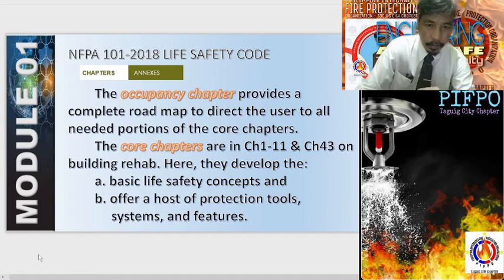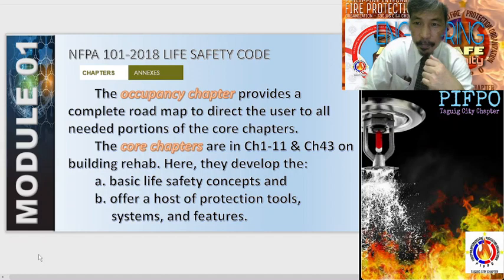Why do we have to do it as a professional? Because the priority of the code to be applied is the occupancy chapters. That is the priority. Meaning, if there are instances where the requirements written in the core chapter differ from requirements written in the occupancy chapter, the occupancy requirements would take precedence over the core chapters.